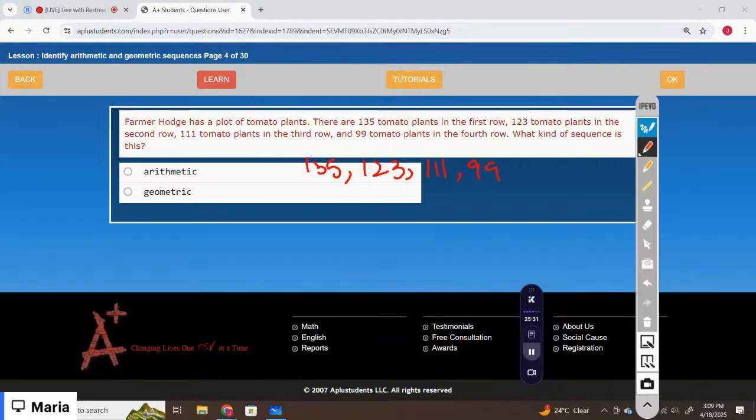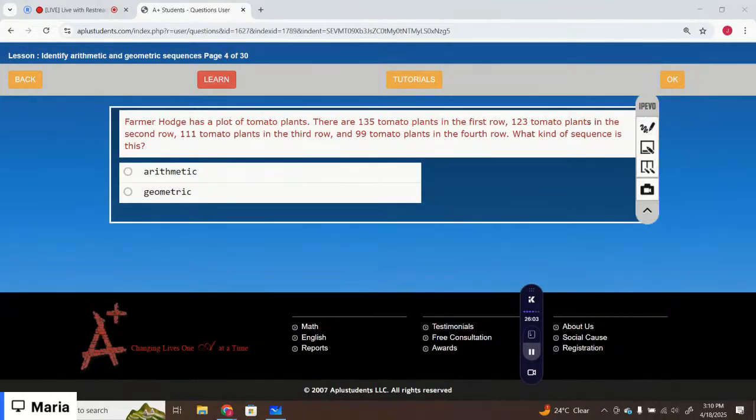So let's see what kind of sequence this is. It is decreasing by 12. Option number one is the correct option. Arithmetic sequence it is.